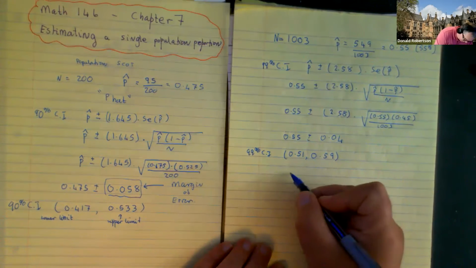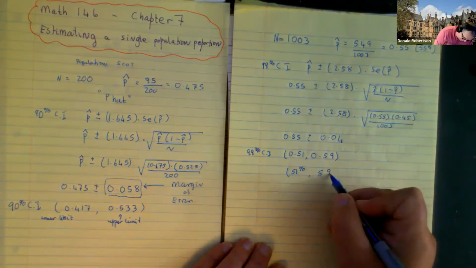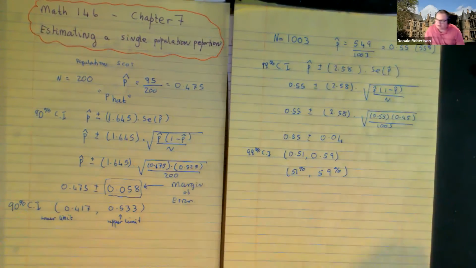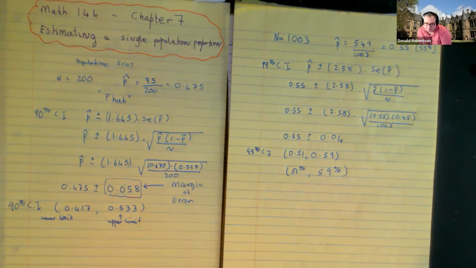I like percentages, so 51% to 59% are going to vote for me. And I'm 99% sure that 51% to 59% are going to vote for me. Wouldn't the conclusion be that the prediction is that I'm going to win the election, even though it hasn't happened yet?